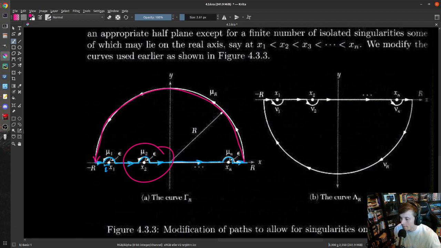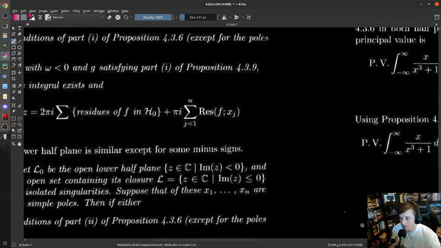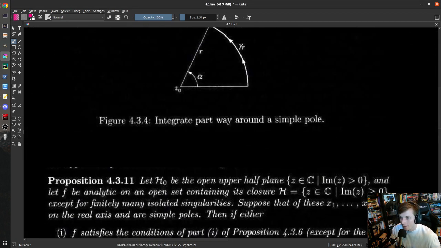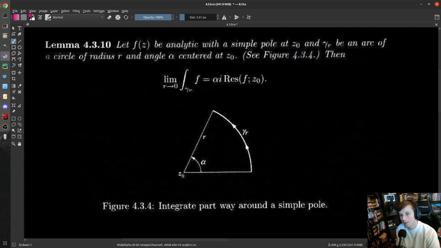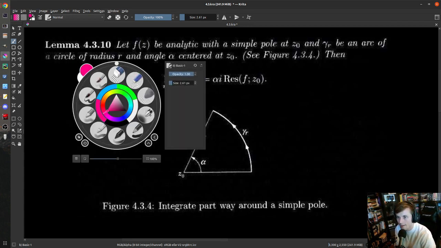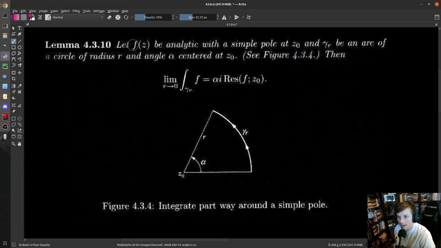Well, it's actually a really easy little trick, and it's pretty smooth. Let me just say it, and then you're going to immediately see how it works. Lemma 4.3.10: we take f to be analytic with a simple pole at z0, and gamma r to be an arc of a circle of radius r and angle alpha centered at z0.